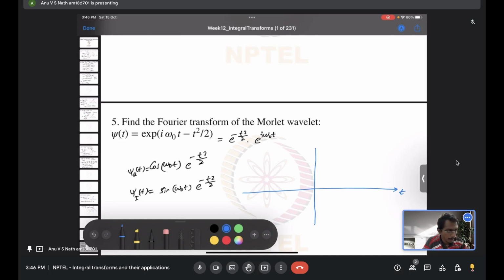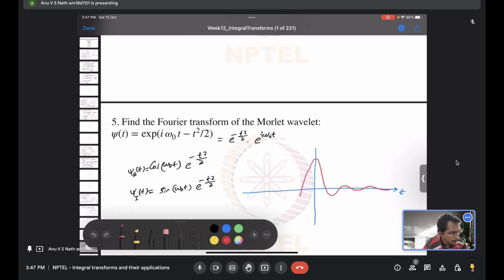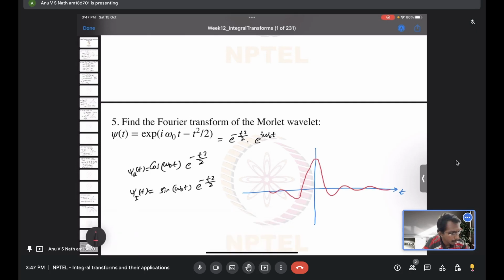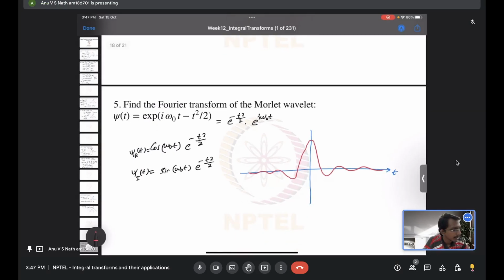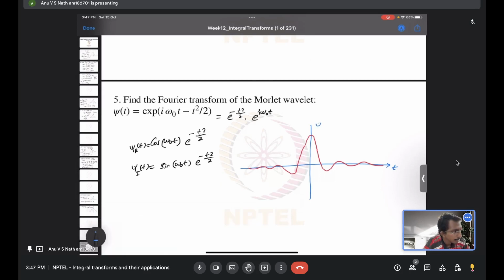Assume some omega 0, and what we will see is that, like a cos function, it will have a peak at the middle, then other oscillations but exponentially damped, symmetrically on the other side also. Okay, so this is the real part of the Morlet wavelet.